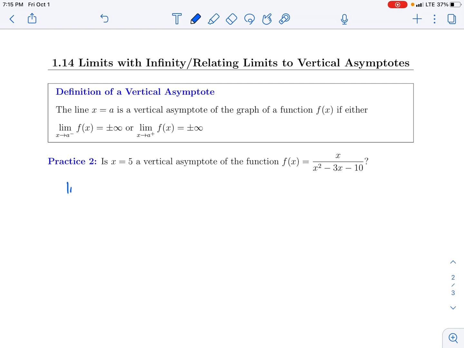So let's look at the limit as x approaches 5 from the left of this function. And remember, you want to use the factored form. So this is going to give me x minus 5 and then x plus 2.